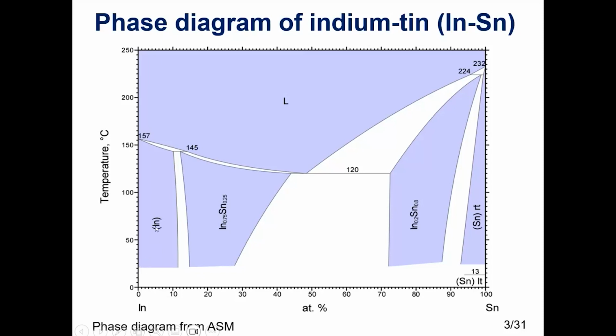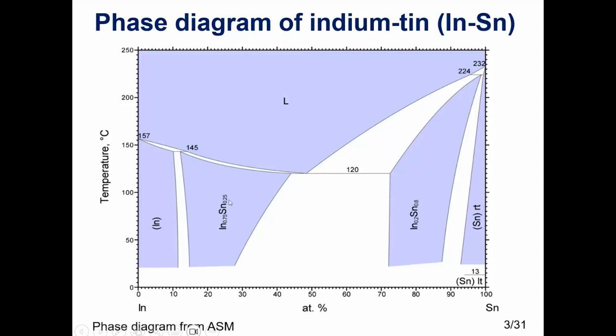One of the phases is labeled (In), indium in parentheses, because it's not pure indium. It's actually a solution of indium with up to about 10% of tin dissolved in the indium. Then next over is the phase labeled In0.75Sn0.25, also called In3Sn.